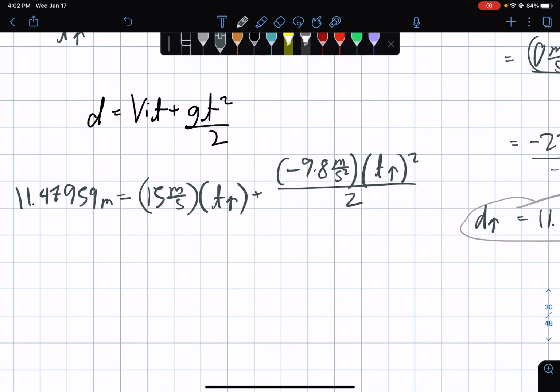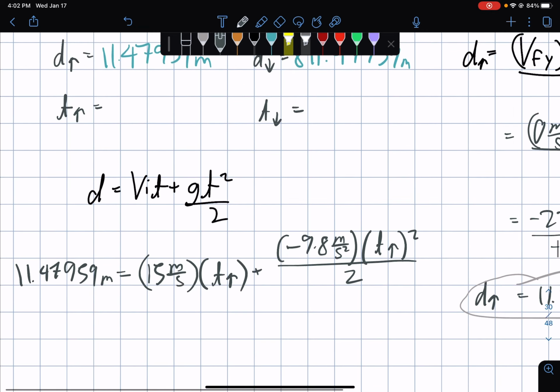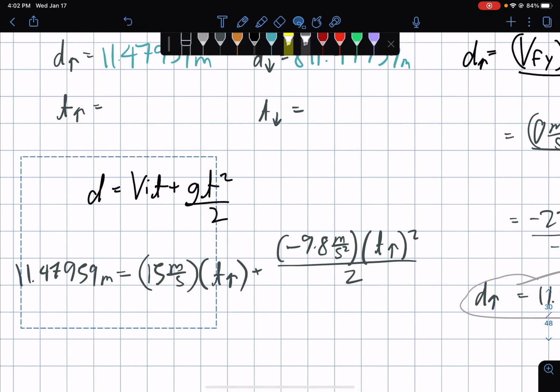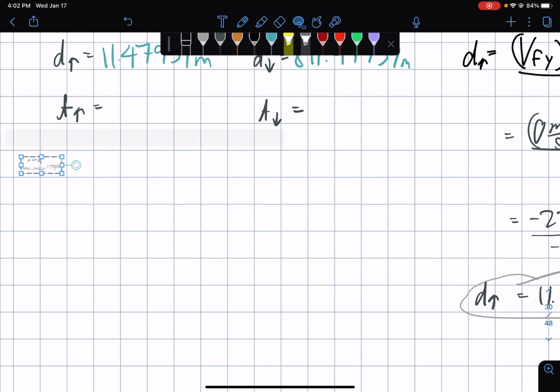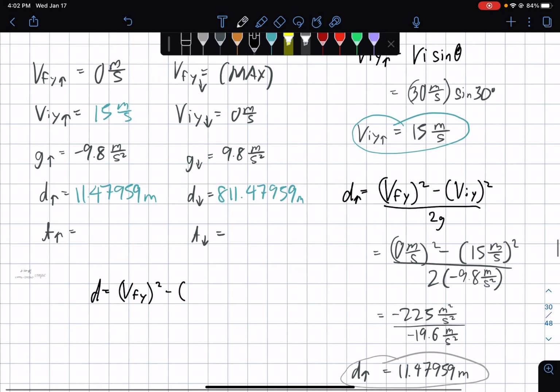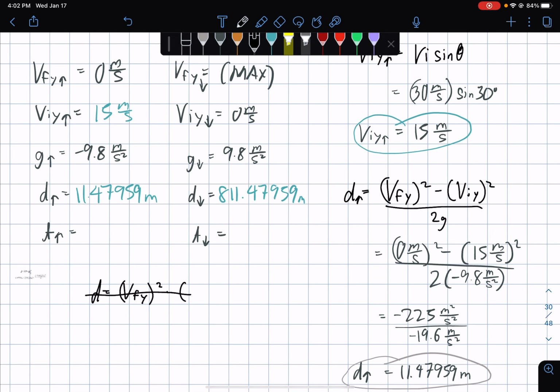Alright, so wait, I don't have a good feeling about this. Let's scrap this idea for a while. Let's use the other formula. But no, there's no time involved in this formula.